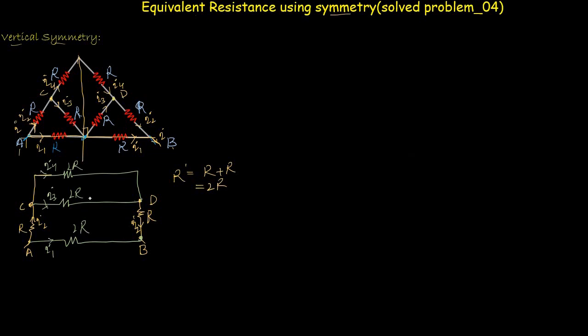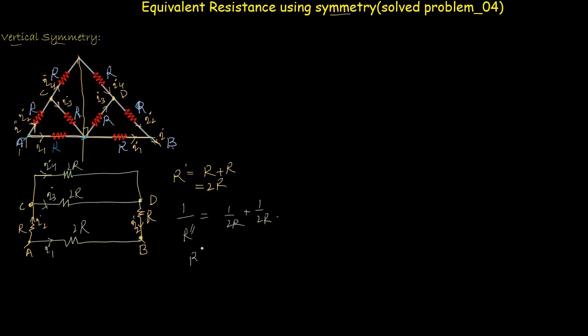Now if you look again into this network, you will see that these two resistors are in parallel, because they are sharing the same two points. So the equivalent resistance of these two resistors is, let's say, 1 divided by R double dash equals 1 divided by 2R plus 1 divided by 2R.